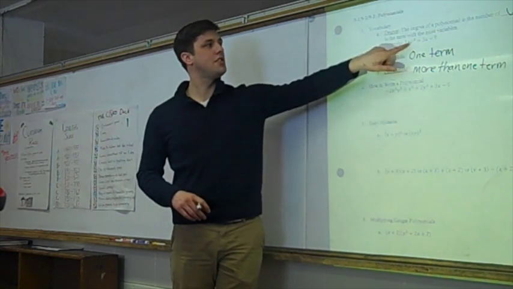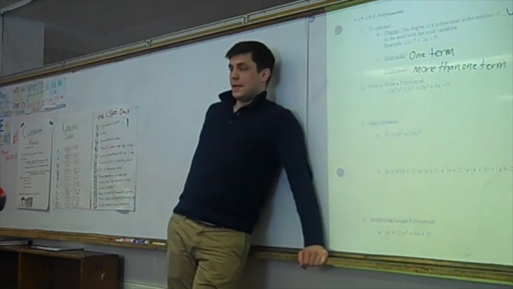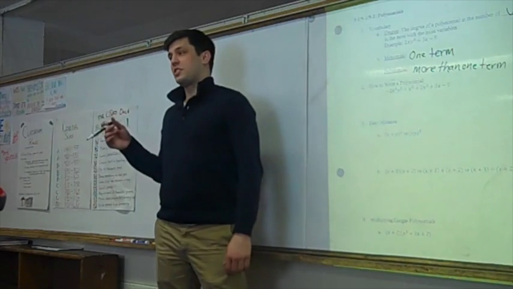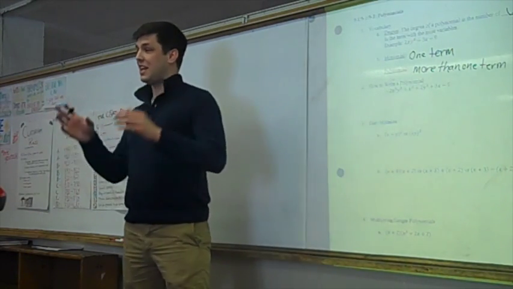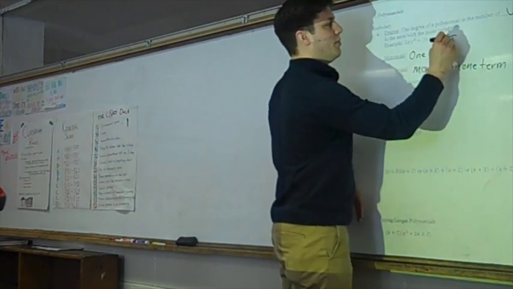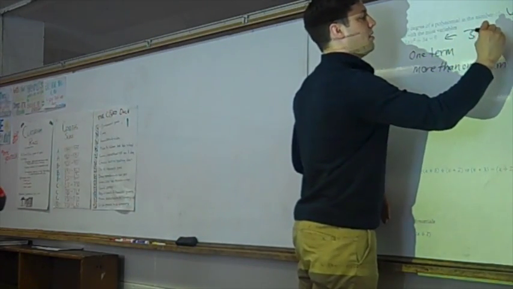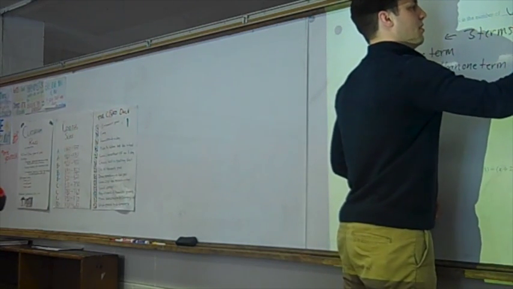So here you have 1 term, 2 terms, 3 terms. If the question were to ask for the amount of terms and the degree of the polynomial, this one right here would be 3 terms, 4th degree.